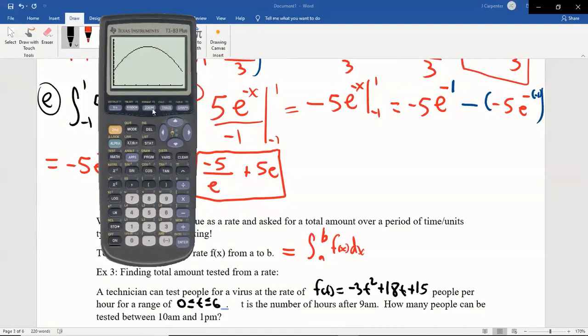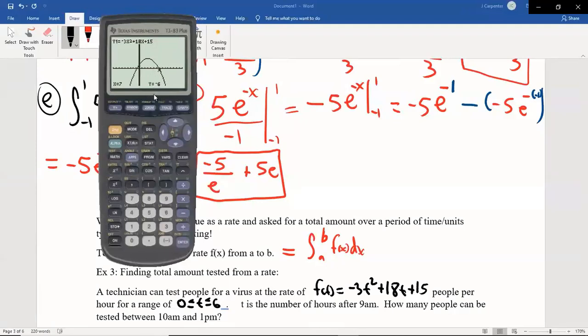Now, if I zoom out, you can see that eventually this curve doesn't make sense. First of all, having the curve for less than 0 doesn't make sense because we're not going to work before 9 a.m. And if we go any later than about 6.5 hours in, if I trace to 7, we're at negative productivity.